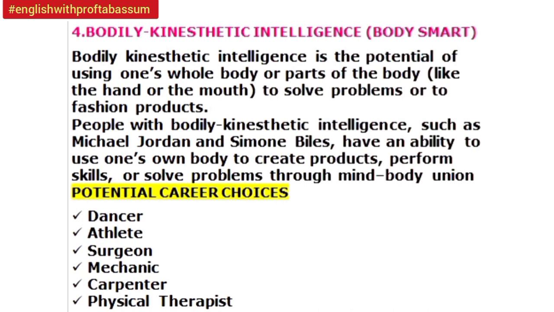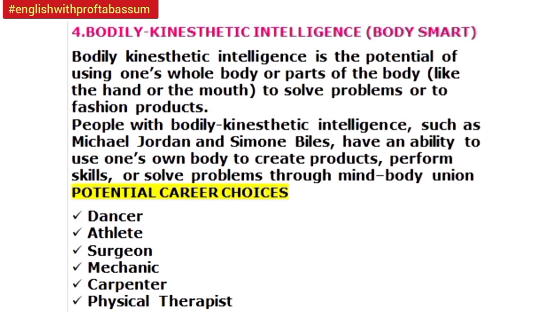Bodily kinesthetic intelligence, body smart. If you have this type of intelligence, you may use your whole body or parts of your body, for example, your hand or your mouth, to solve problems or to create fashion. For example, Michael Jordan or Simone Biles. These people have bodily kinesthetic intelligence. They can use their body to create products, they can perform skills, and they can solve problems because their mind and body are in union with each other.